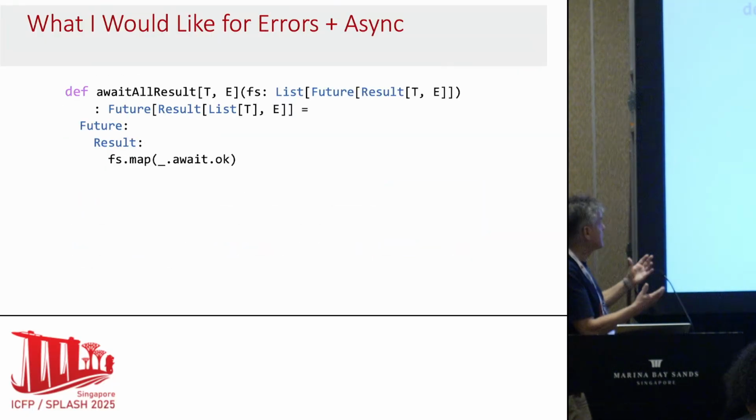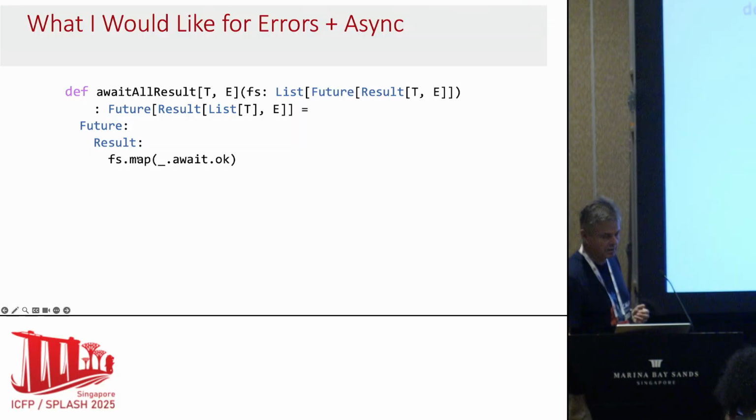Okay, so now let's mix these things up. Let's do errors plus async. So here's the thing. We want to await all results. We have a list of futures of results, and we want to give you a future of a result of all the successful outcomes of the parameter futures, or if any of these fails, we want to give you the error result. So how would I do that?